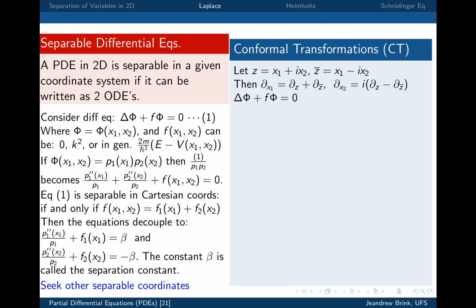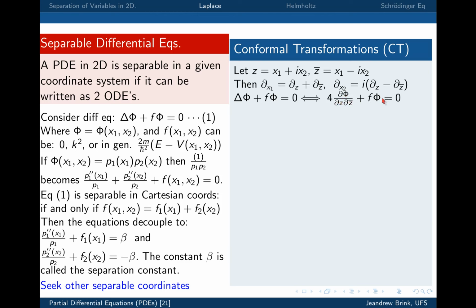Then we can write the Laplace equation plus, basically our generalized Helmholtz equation plus this function times phi, in the new coordinate system, and we can show that it's equivalent, if you simply write the things out, to 4 times d squared phi over dz dz bar plus 4f phi.